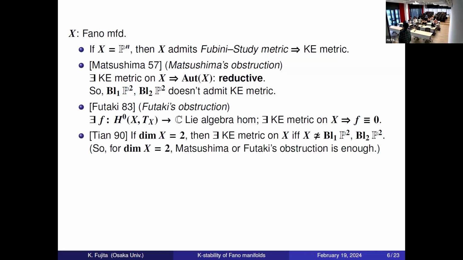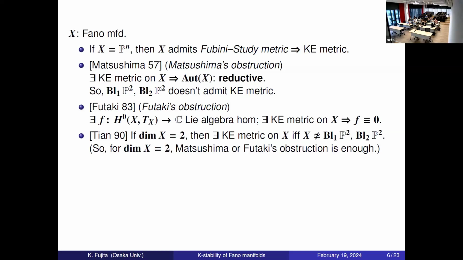And actually, those two obstructions are very strong. In fact, Tian showed that if the dimension is equal to 2, in other words, if X is a del Pezzo surface, a two-dimensional Fano, then a Kähler-Einstein metric exists on the del Pezzo surface if and only if X is isomorphic to neither the blow-up of P^2 at 1 nor at 2 points.